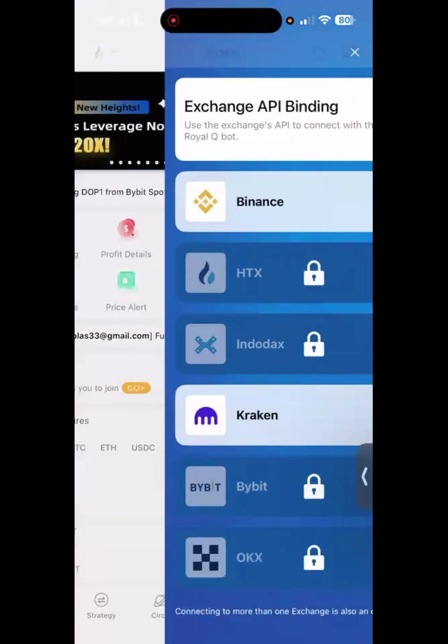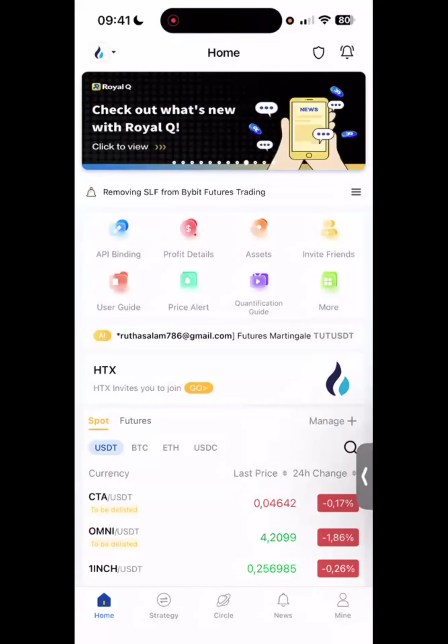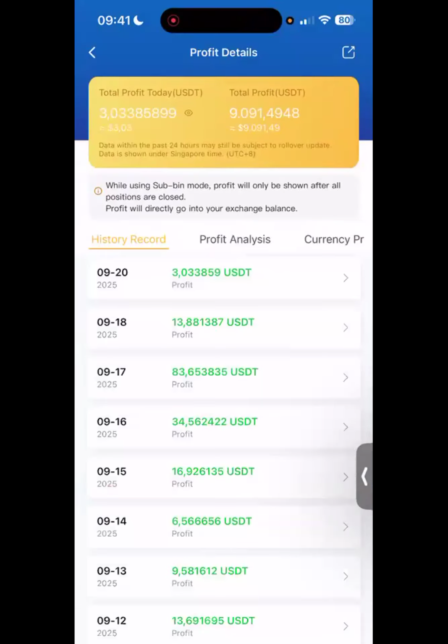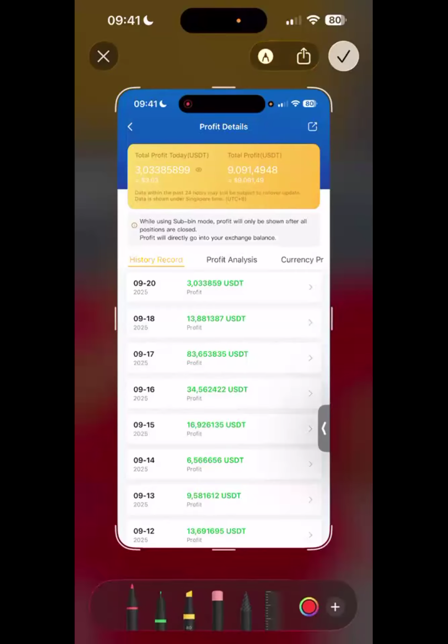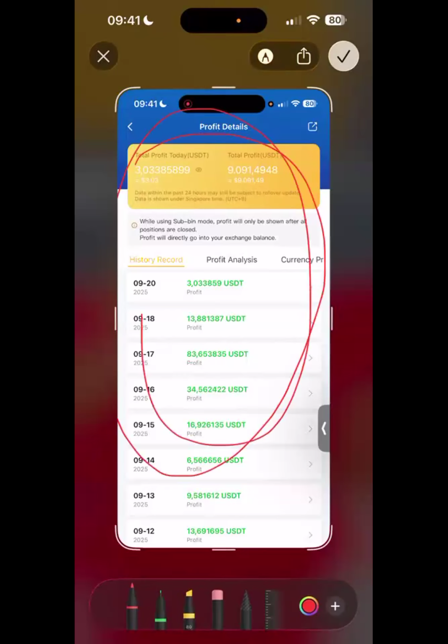All right. So let us move out from the API binding and go to profit details. So under the profit details, the profit details is about your trading profits. Okay. Now, with the profit details, one cannot withdraw it. You can't withdraw this money.